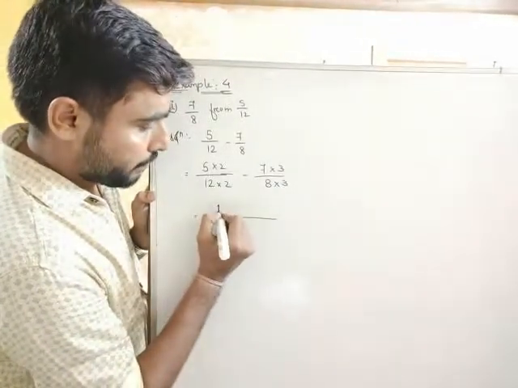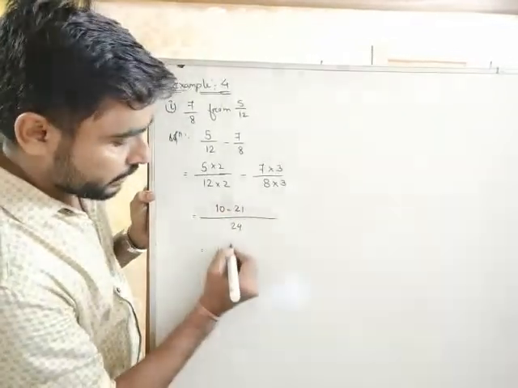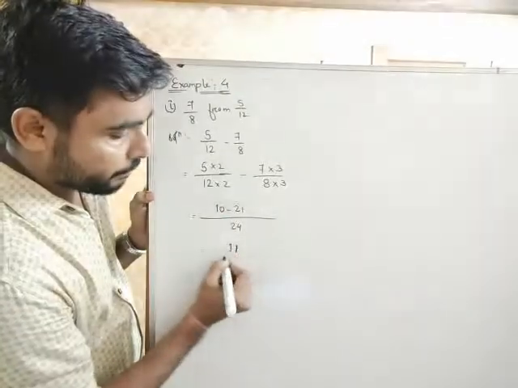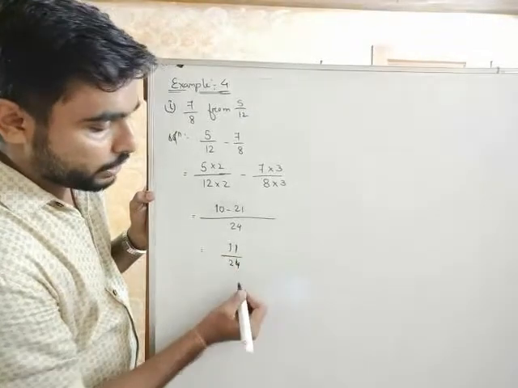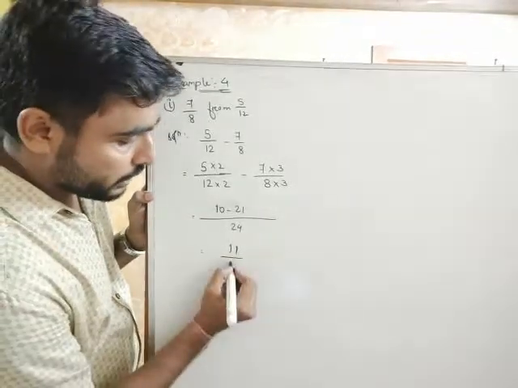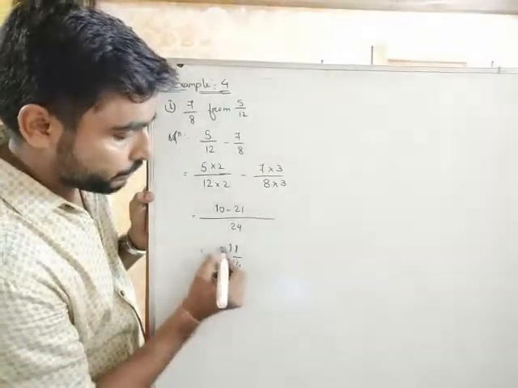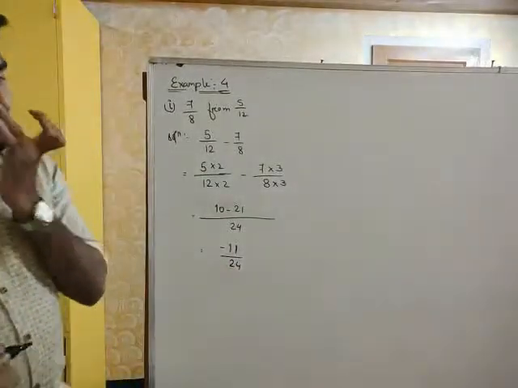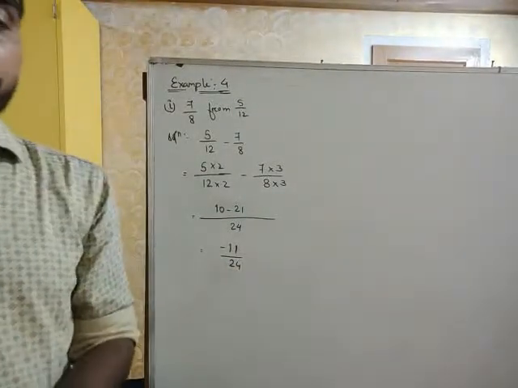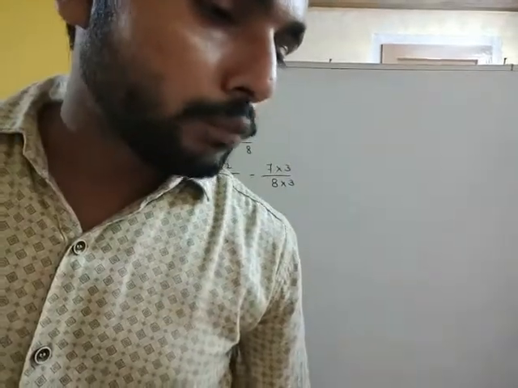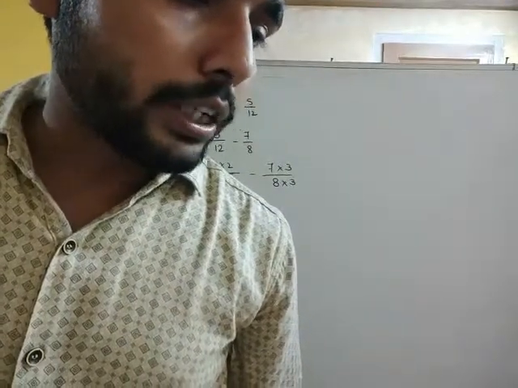It will be 10 minus 21, that is 21 minus 10 is 11 by 24. Now we have to put the sign, and for that we have to see the larger number. The larger number is 21 and it has the minus sign, so it is minus 11 by 24. Got it everyone?